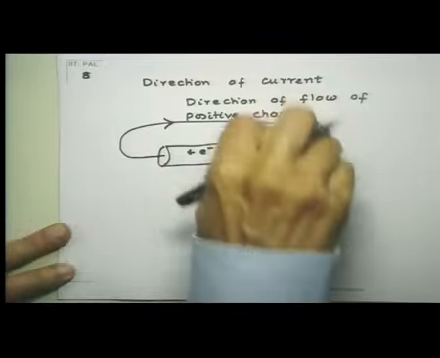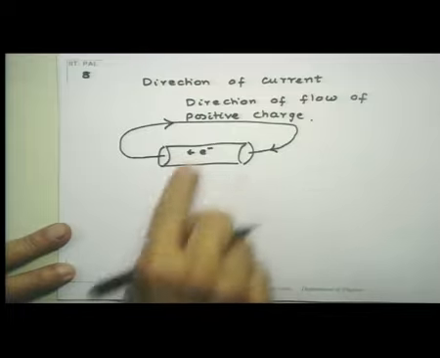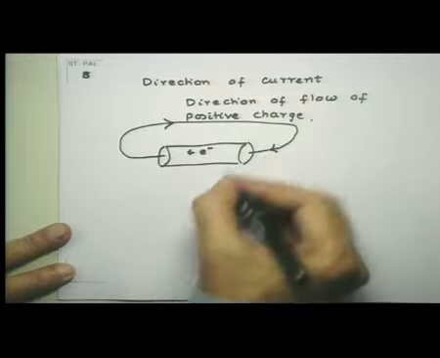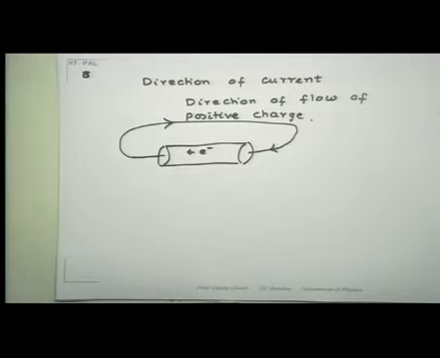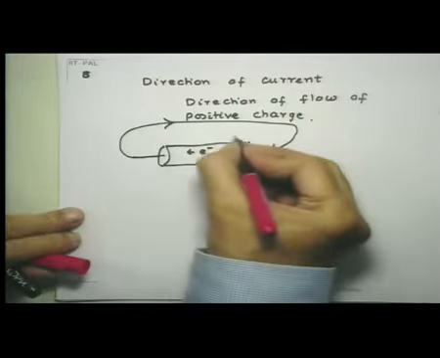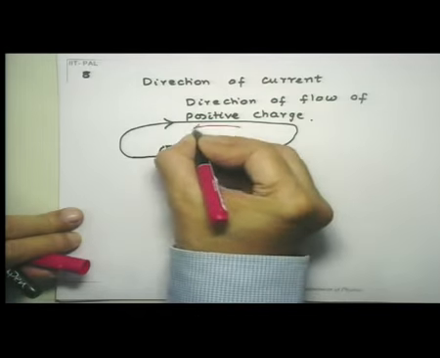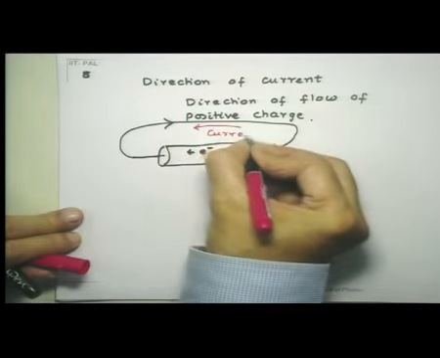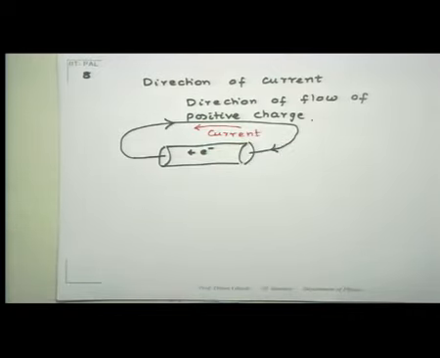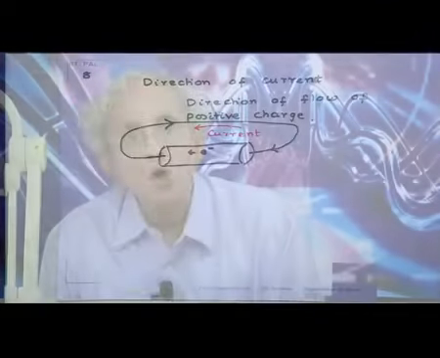According to this definition that I gave you, this is a situation where the direction of current is the reverse direction. So let me say that that is the direction in which the current is flowing. In other words, the direction of current is defined according to a convention as the direction opposite to the direction in which the negative charges flow, that is the direction in which the positive charges flow.